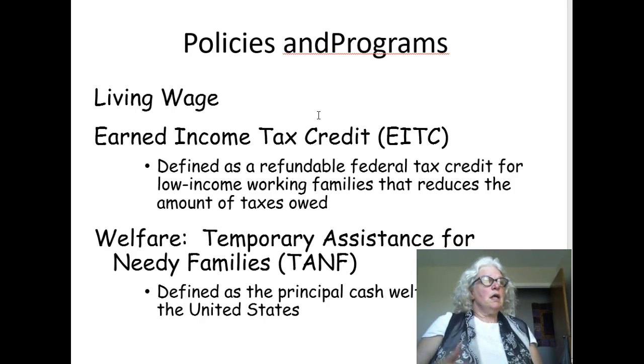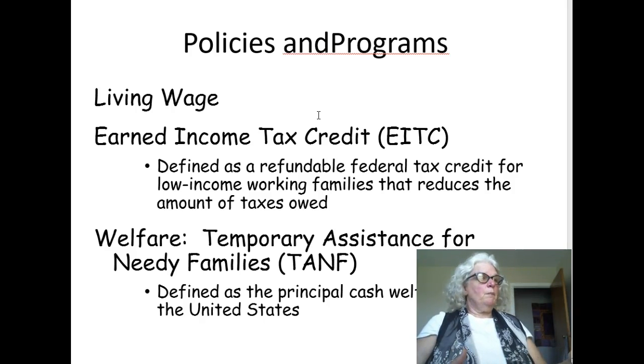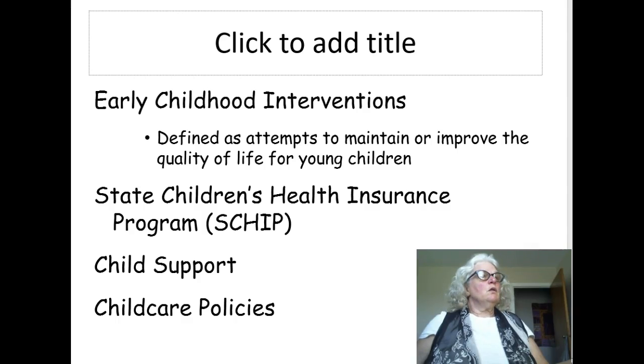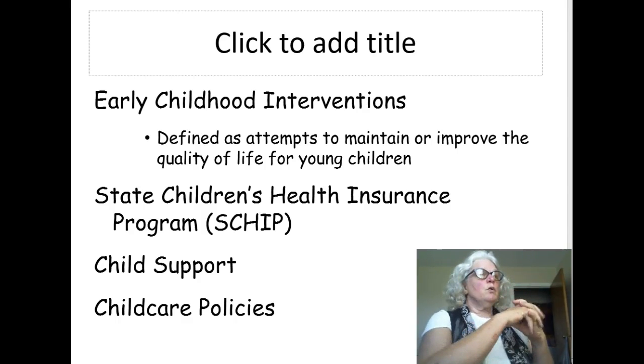So currently, TANF is the principal cash welfare program in the United States, and it will help families get by. It is a short-term program with limitations on it. Then we have other welfare programs, including early childhood intervention programs, and we have state children insurance programs.